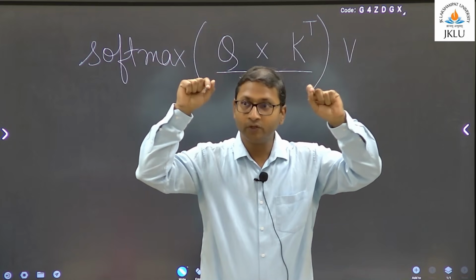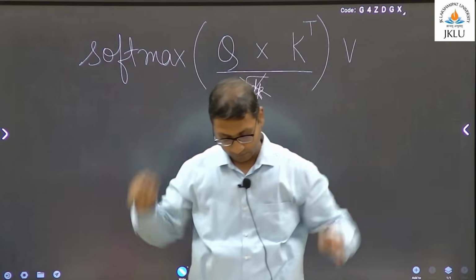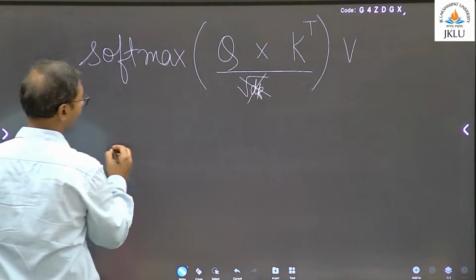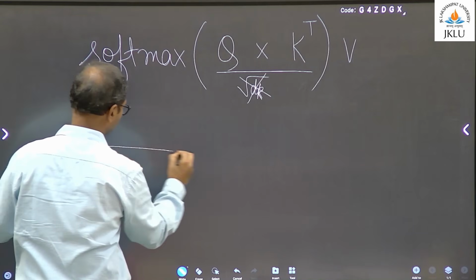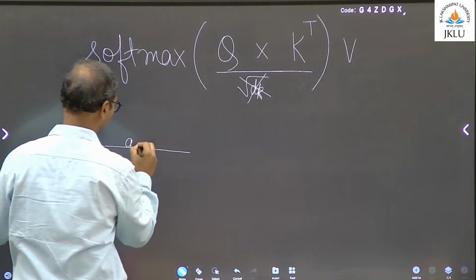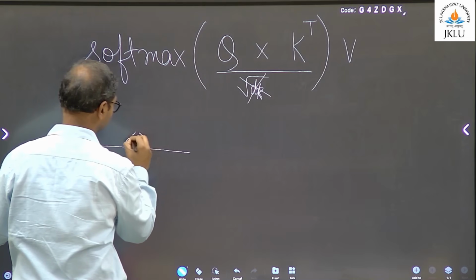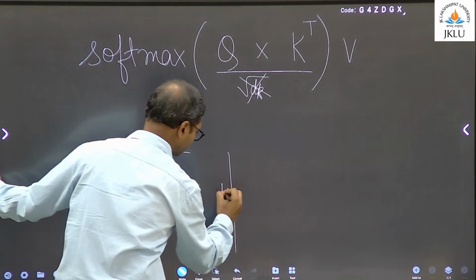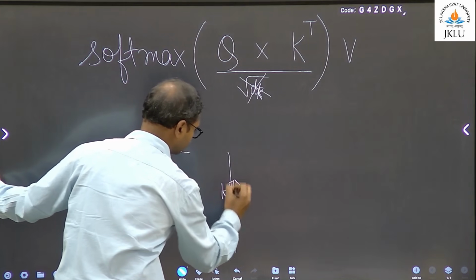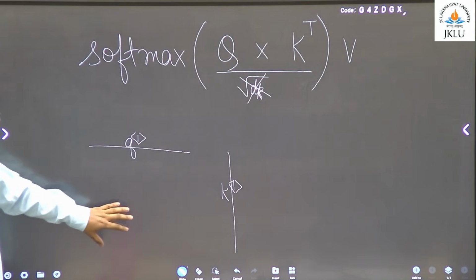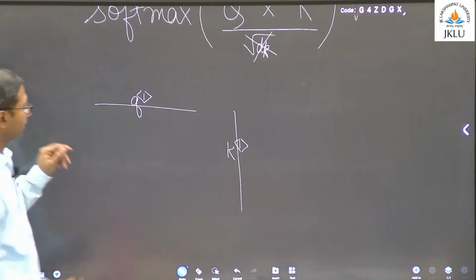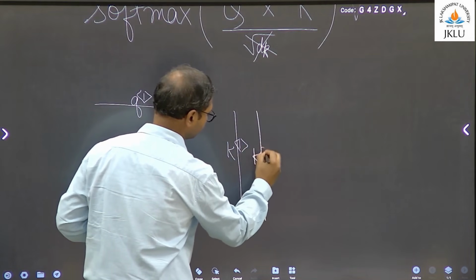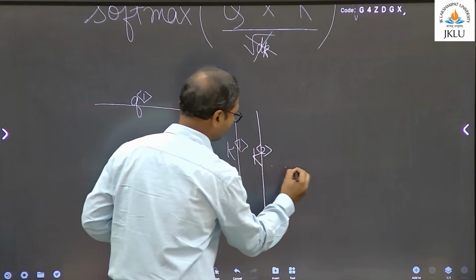It is also doing Q1 cross K2. So let's say this is my Q1, this gets multiplied with K1, and this also gets multiplied with K2 and all the way until K512.